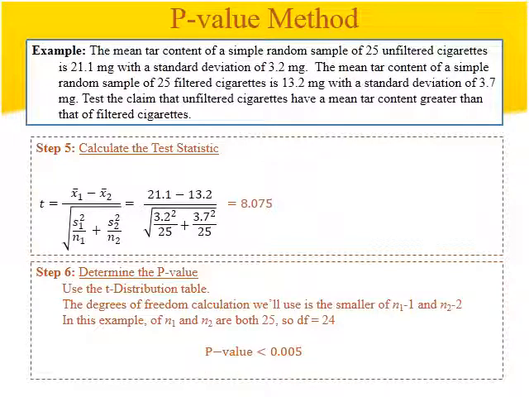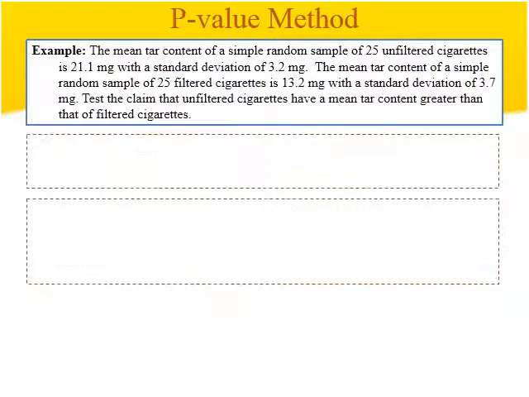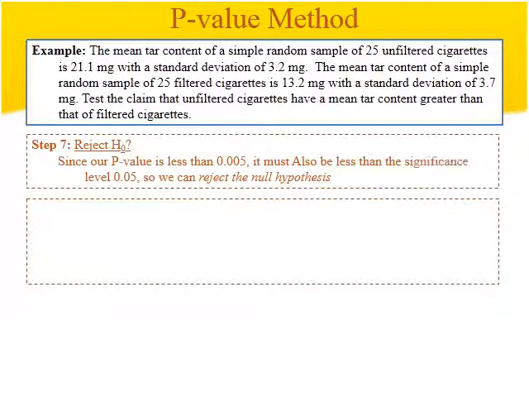The next step will be to compare this to the significance level. So let's compare our p-value to our significance level, and we see that 0.005, our p-value, is less than the significance level, so we can reject the null hypothesis. Now the final step, of course, in step 8, we need to interpret those results in terms of our original claim.